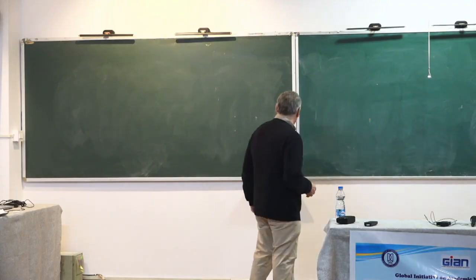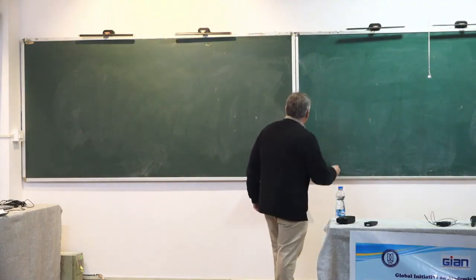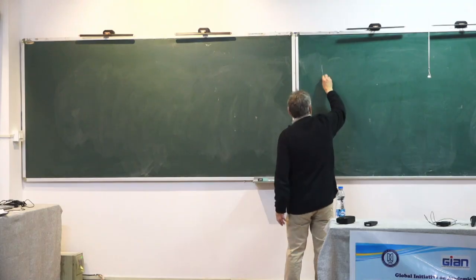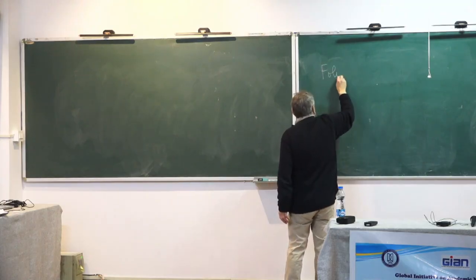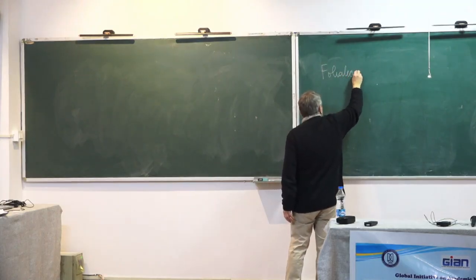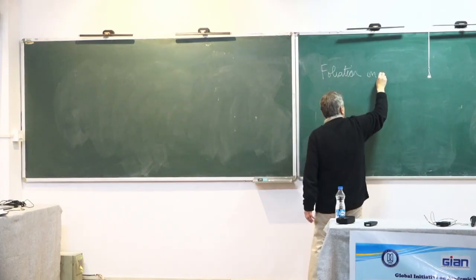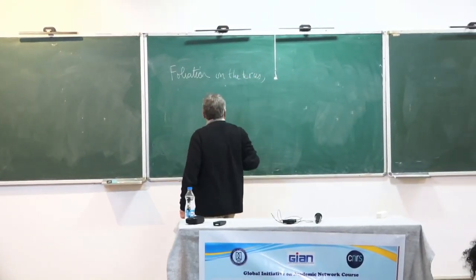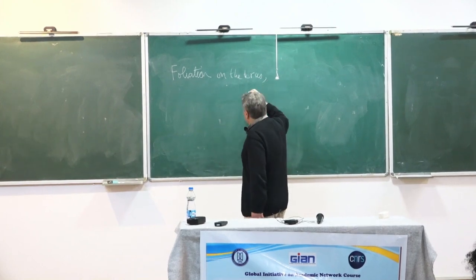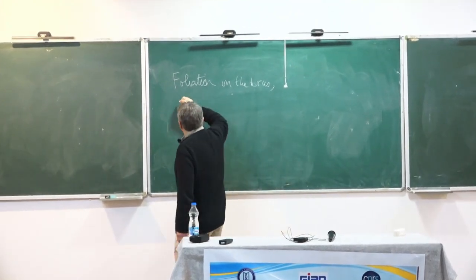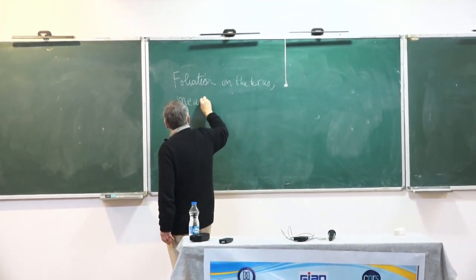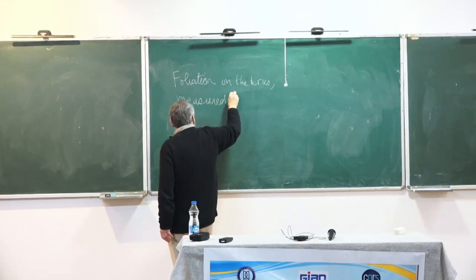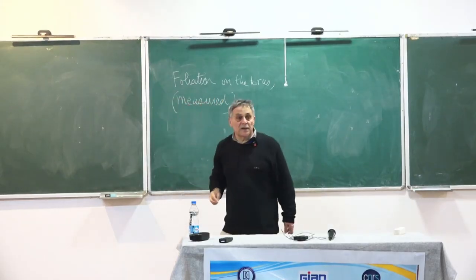Okay, so now let's suppose that you understand what a foliation means, and especially a foliation on the torus, and then we know what a measured foliation on the torus is.